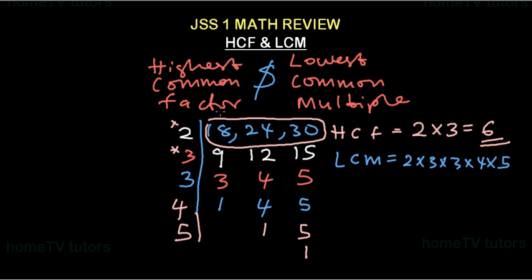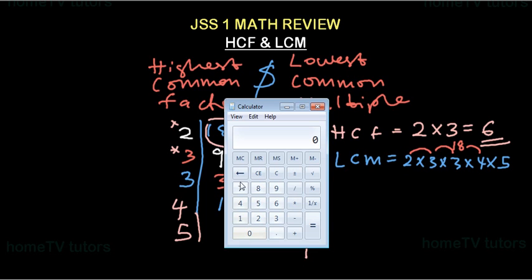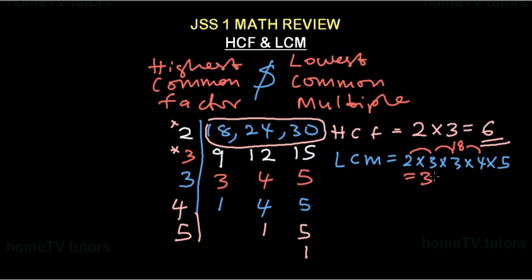So what is the product of these? 2 times 3 is 6. 6 times 3 is what? 18. 18 times 4. Let's quickly use the calculator for the sake of making it fast. 18 times 4 gives us 72. 72 times 5 gives us 360. So 360 is the LCM.